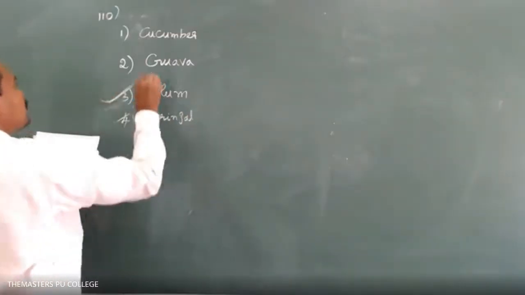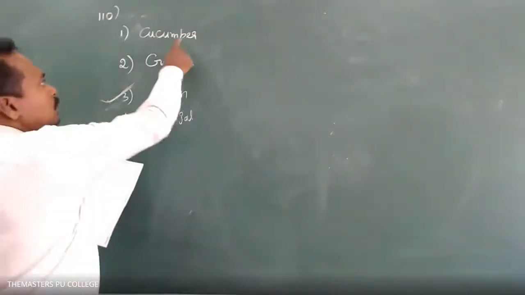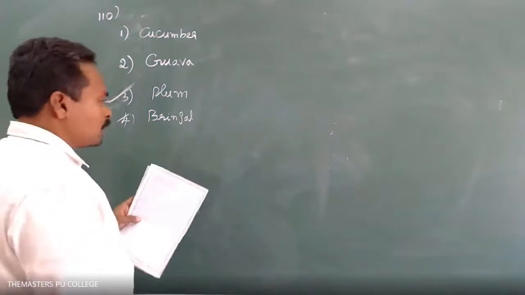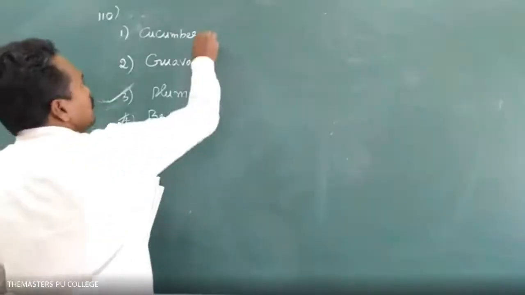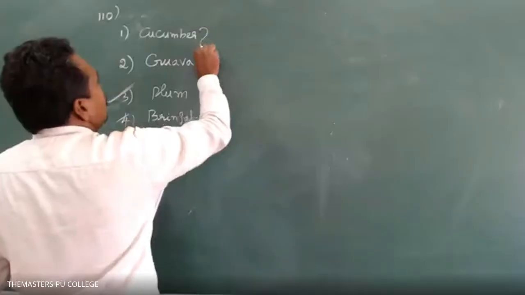Option 3, plum, sir. Yes, option 3 is right. Sir, cucumber and guava, epigynous, mean inferior, no? Yes, epigynous, inferior ovary.